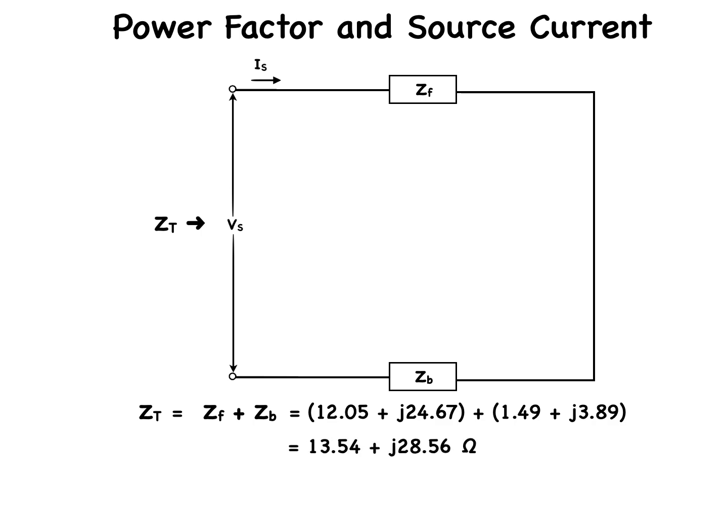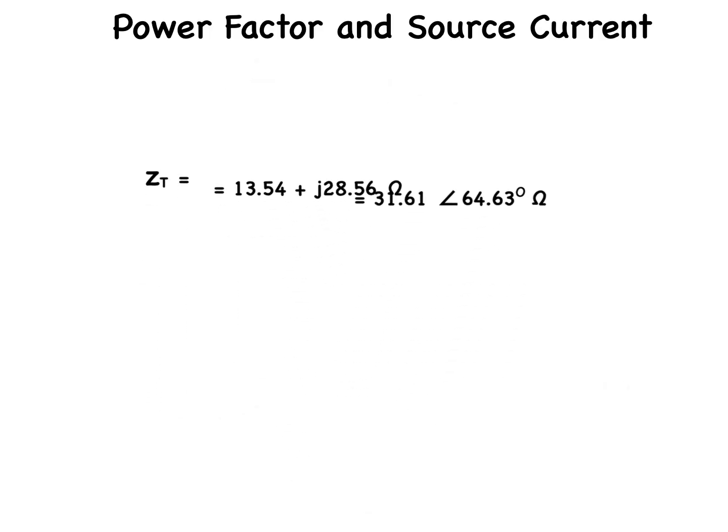28.56 ohms in rectangular coordinates, or 31.61 at an angle of 64.63 degrees in polar coordinates. The power factor angle due to the load, ZT, is equal to the inverse tangent of 28.56 divided by 13.54, which works out to 64.63 degrees.